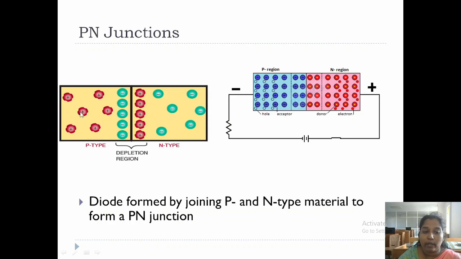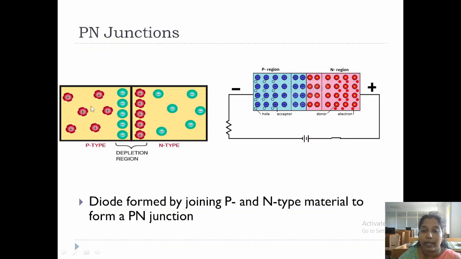Whenever an electron diffuses across this junction, it creates two ions. First, when it leaves the N-type region, it leaves behind a pentavalent atom that is one electron short, so it becomes a positive ion.